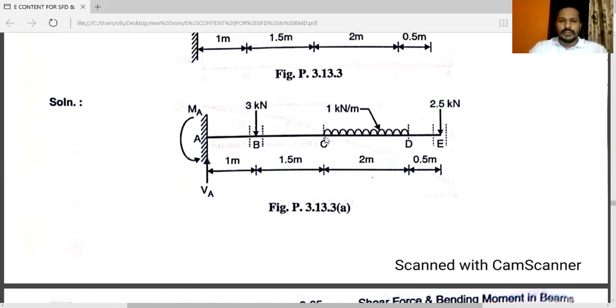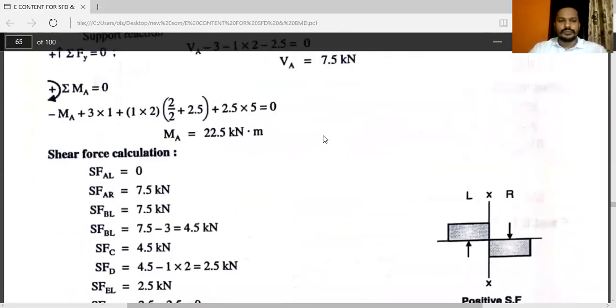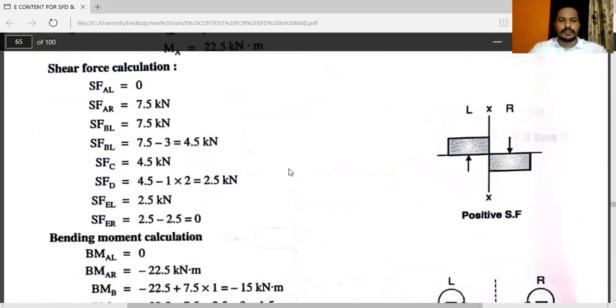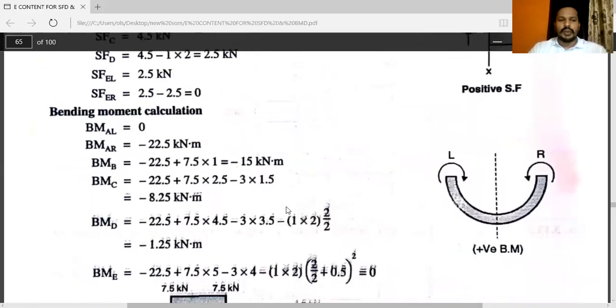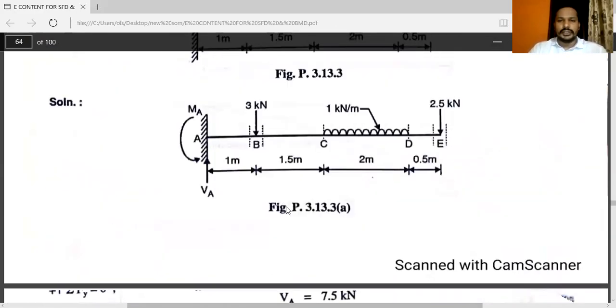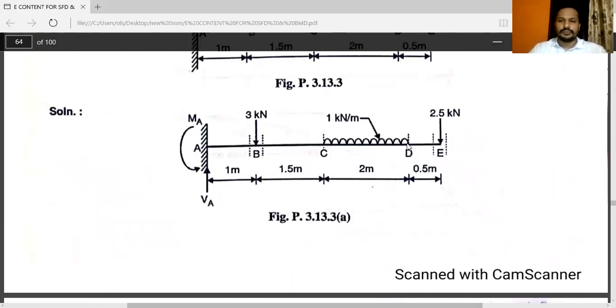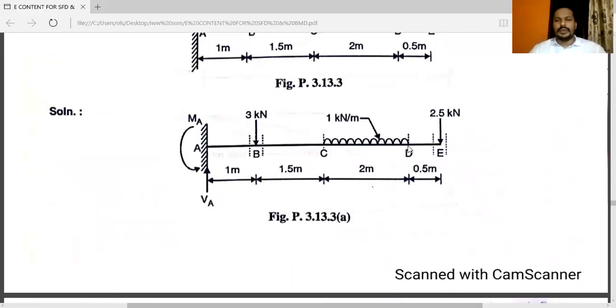Moment at point C: minus MA plus VA into 2.5 minus 3 into 1.5, you will get moment at point C. See here, you will get bending moment at point C. Now bending moment at point D here. At left there is only one force, you can consider left, right.